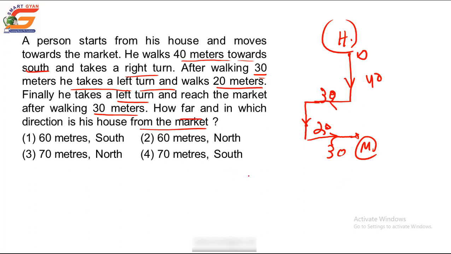North has two choices, 2 or 3, so you have to eliminate further. The distance from O to this point is 40 and this one is 20. Look here, this is 30 and this is 30. They are parallel lines, so this will obviously be 20. So the distance is 40 plus 20, that is 60, and the direction is north, 60 meters north. Choice 2 is your answer.